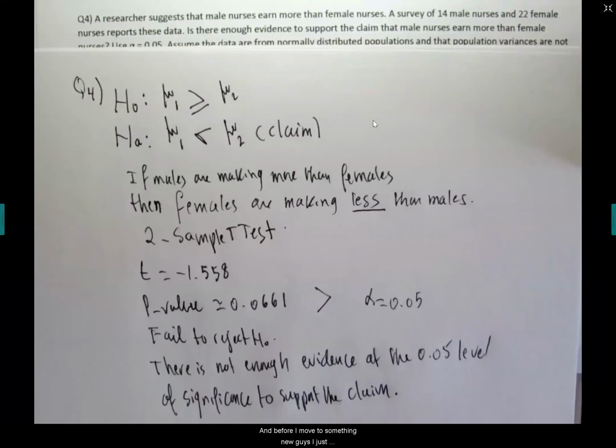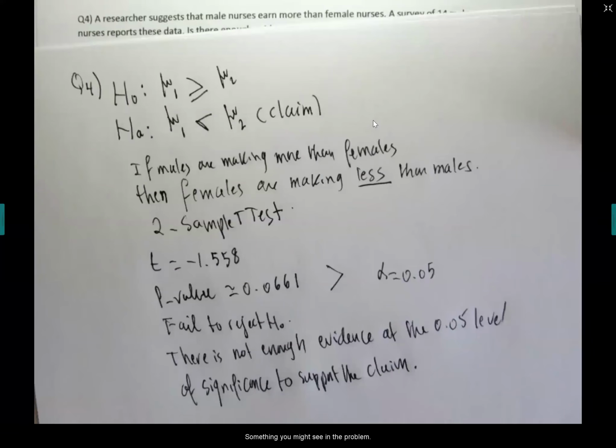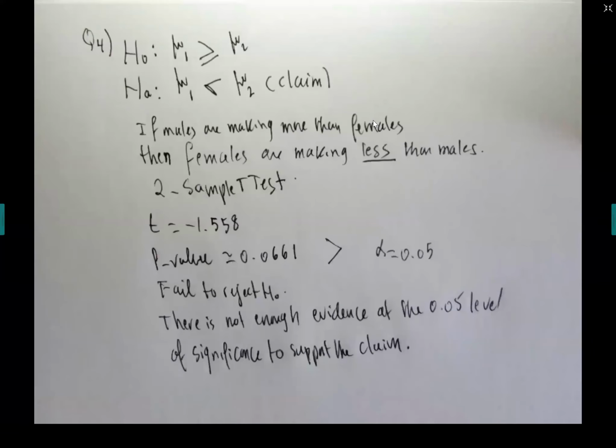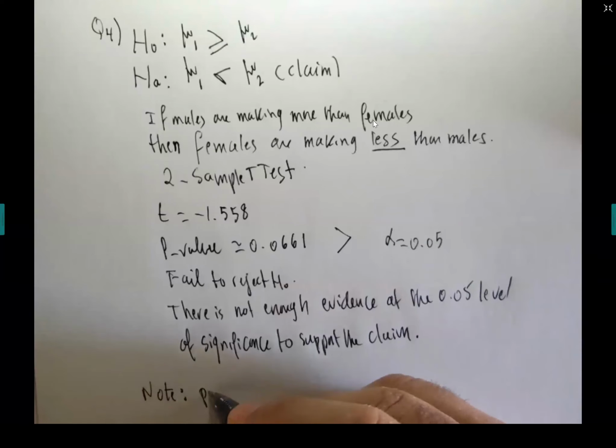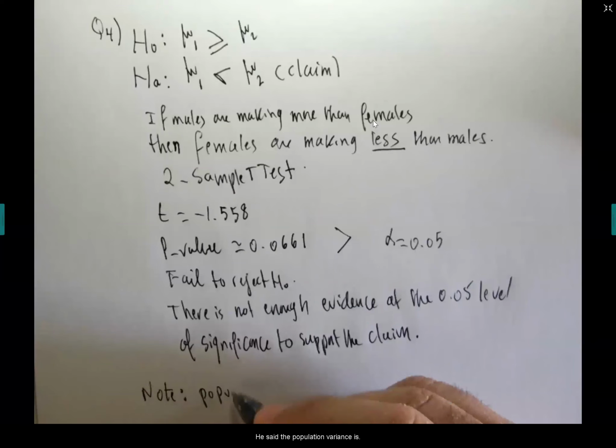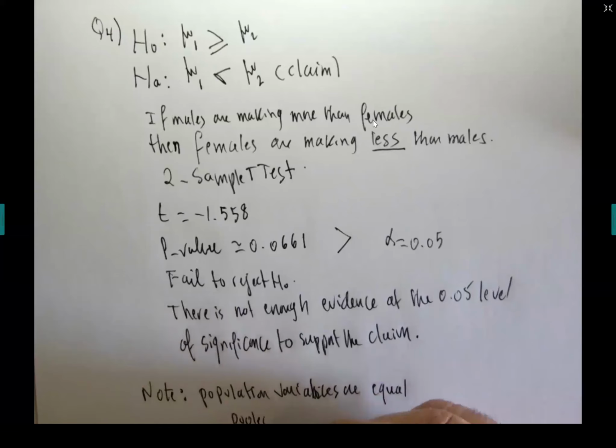And before I move to something new, guys, I just want to bring your attention to something you might see in the problem. Okay, so note here. If he says population variances are equal, we say we use pooled, yes.